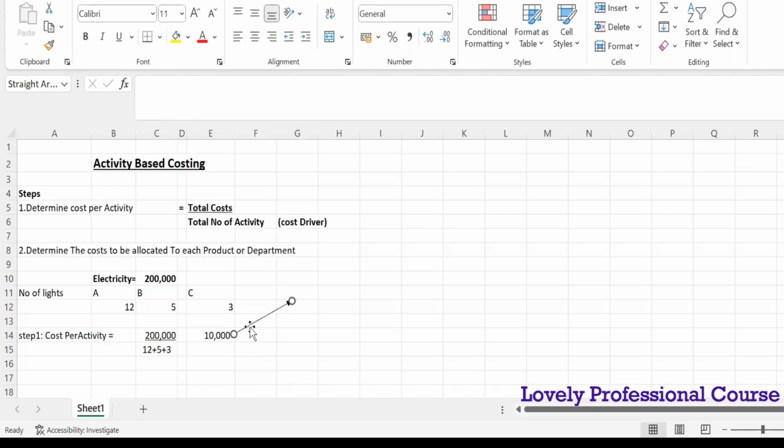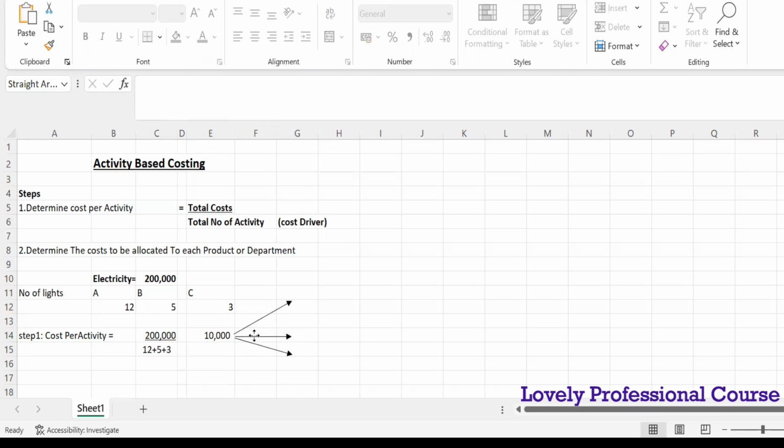Let's do allocation. We say that, okay, this will be department C. Then let's have another department here. I'm going to put it like this.